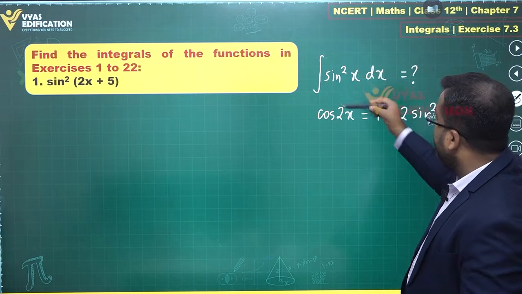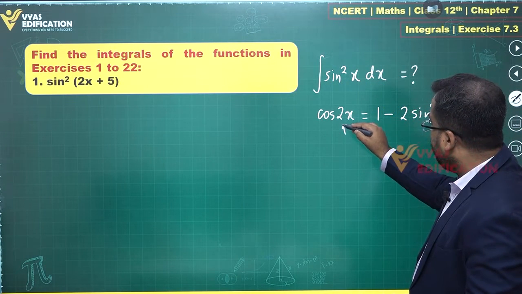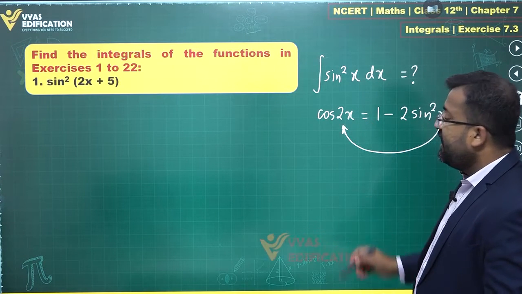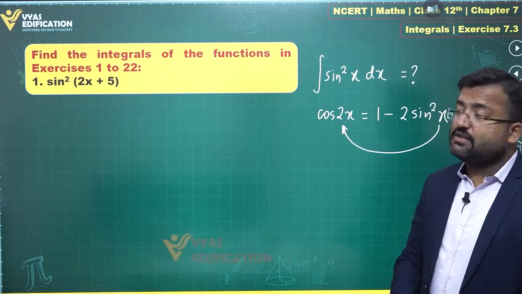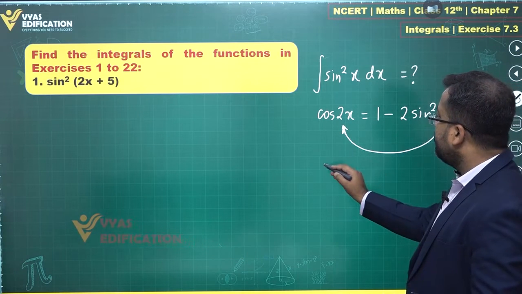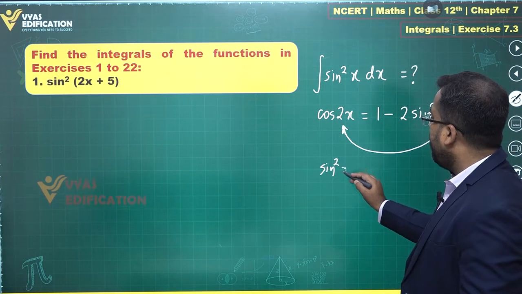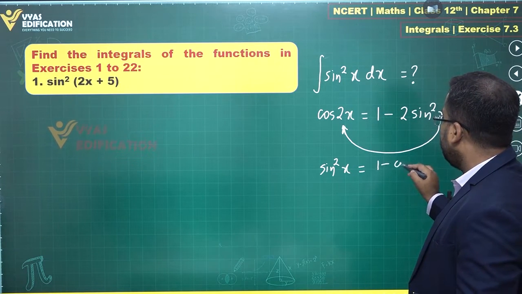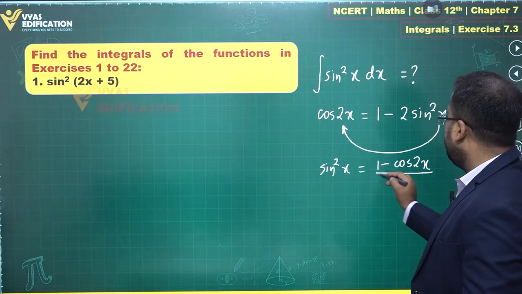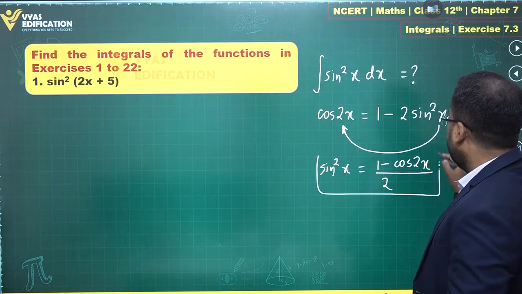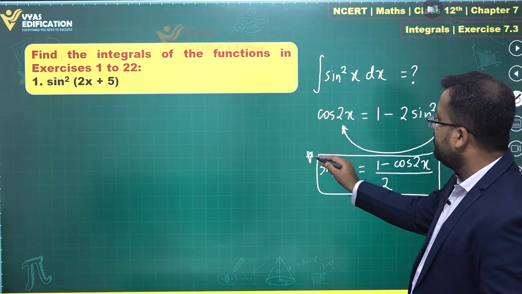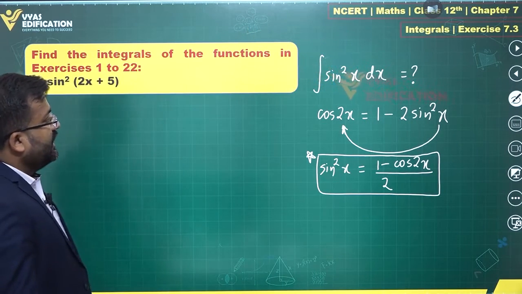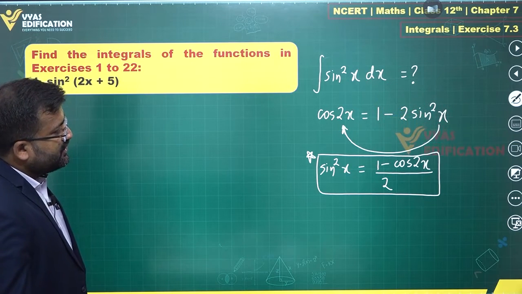Reducing the power to 1 will convert this x into 2x, a multiple angle, and that is what we'll be doing. So from here I observe that sine square x is equal to (1 minus cos 2x) upon 2. This is something which you should remember at all times, right?